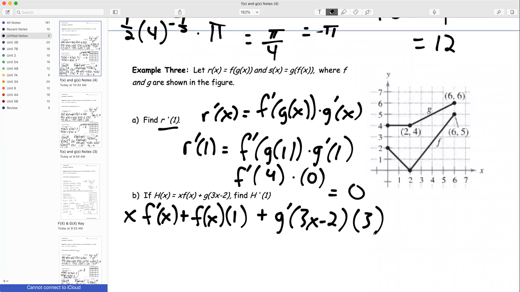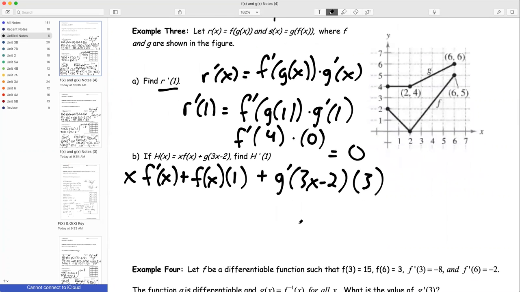So my first step is on the board there. And then I'm going to plug in 1.